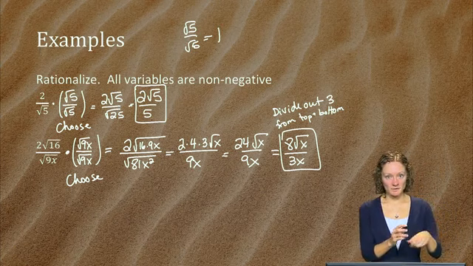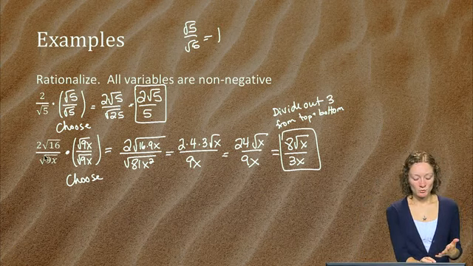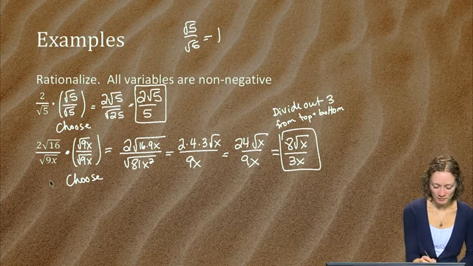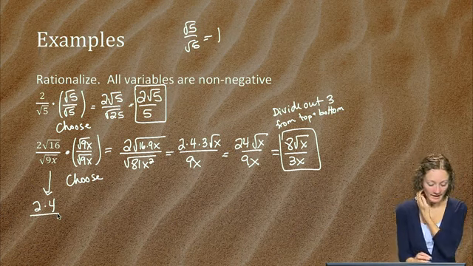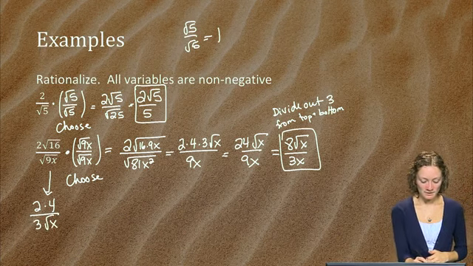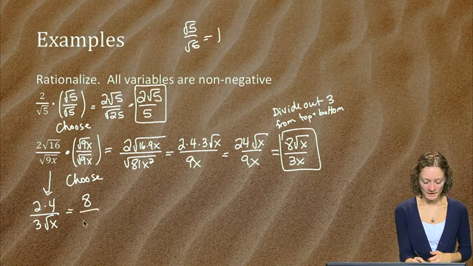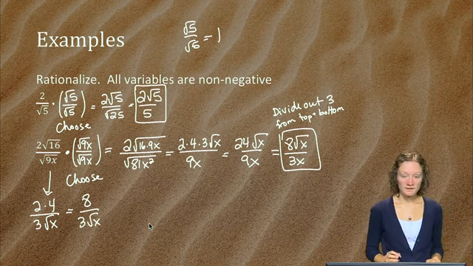Another way would be to start out by doing some simplifying. So you might recognize in the numerator, hey, that square root of 16 is a perfect square. It can come out as a 4. And in the denominator, there's a perfect square of 9 in there, so that can come out as a 3, leaving me with square root of x, which simplifies to 8 over 3 square root of x.